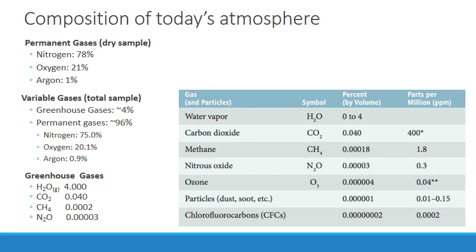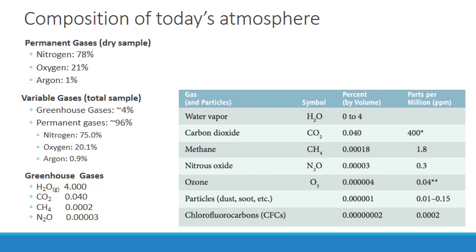The concentration of water vapor, you'll see here, can vary from near 0% to as high as 3 or 4%. And it has a global average of between 2 and 3%.